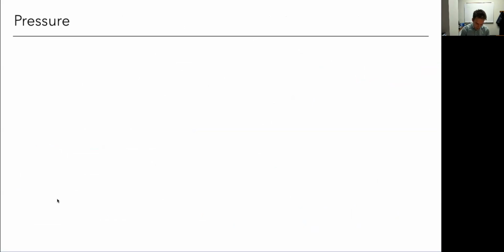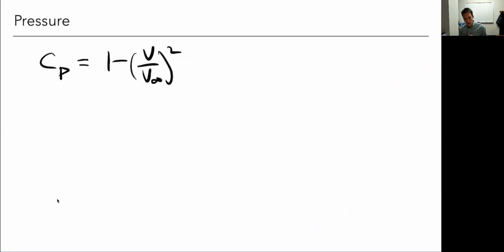Recall again, we derived for irrotational incompressible flow that Cp is 1 minus V over V infinity squared. That's not general, that's for irrotational incompressible flow, which in our case is 1 minus, let's write it out in full. V is U squared plus V squared, but we're going to retain all the terms, right?